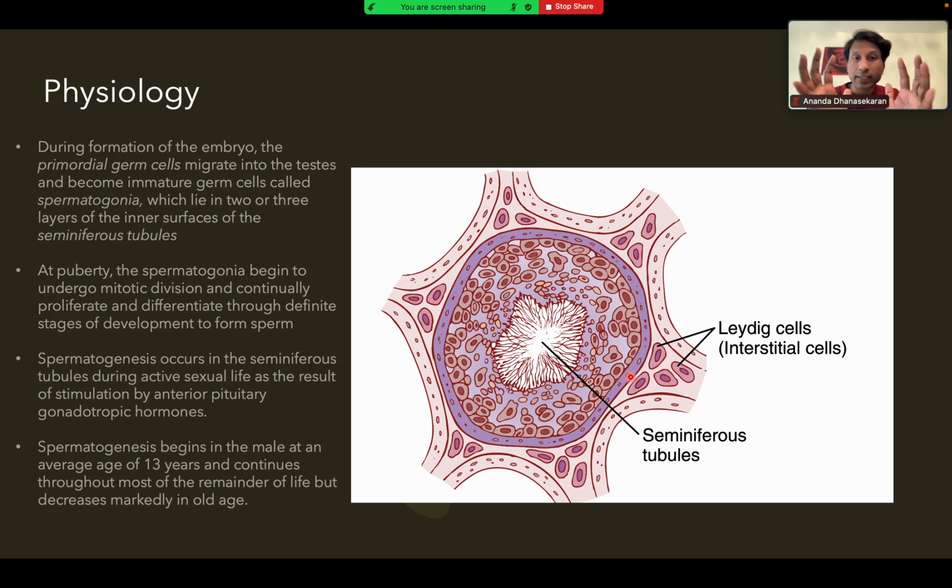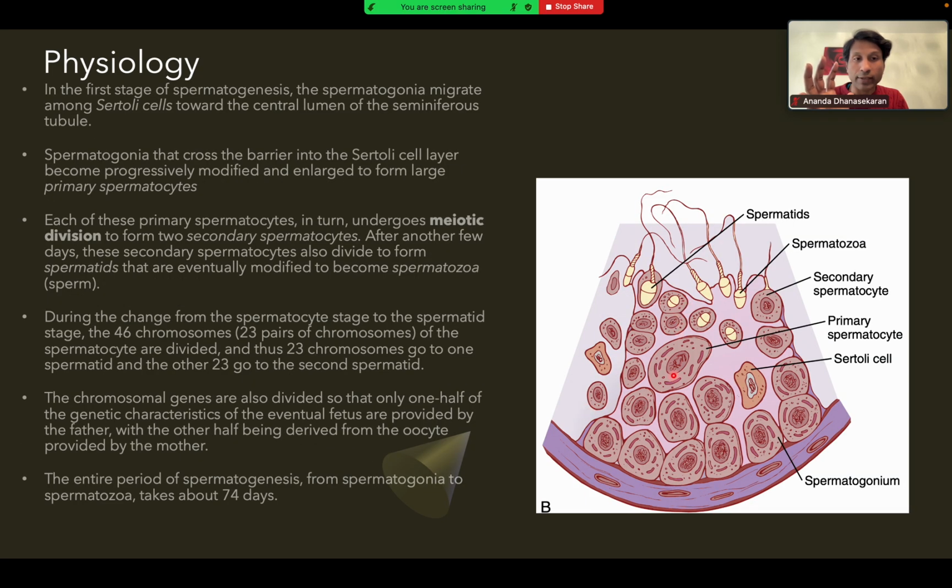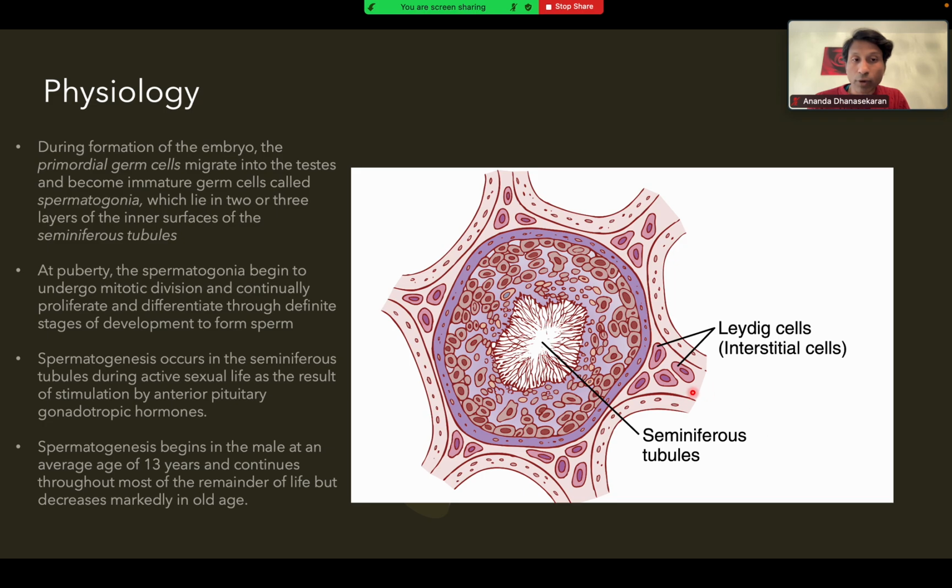If you take this as a watermelon, I am taking a slice of the watermelon and showing you, so please understand that clearly. It's very important to see that there are some Leydig cells present outside the spermatogonial cells, because Leydig cells are important in producing testosterone, which is the main male hormone.